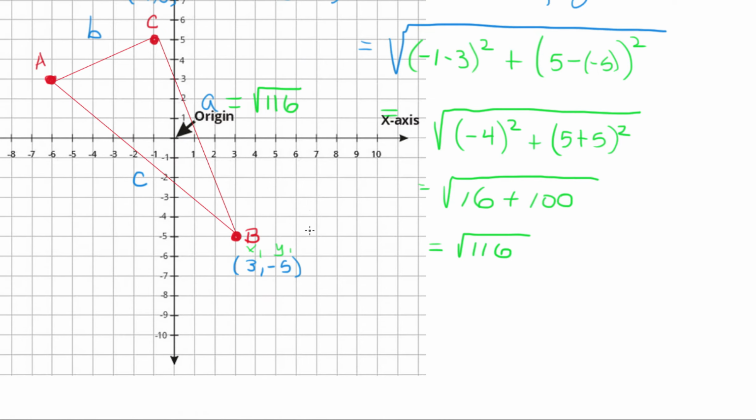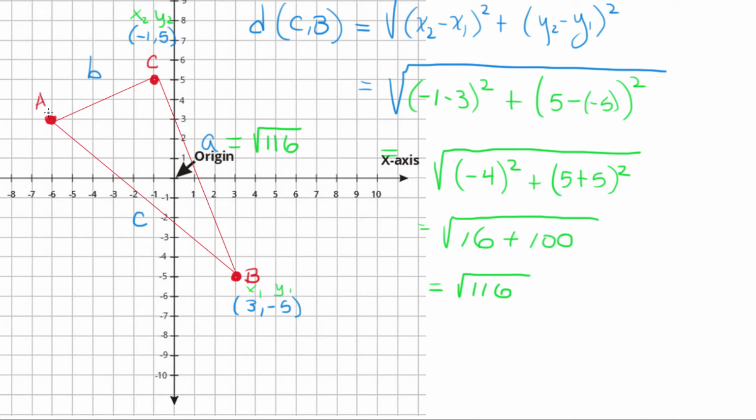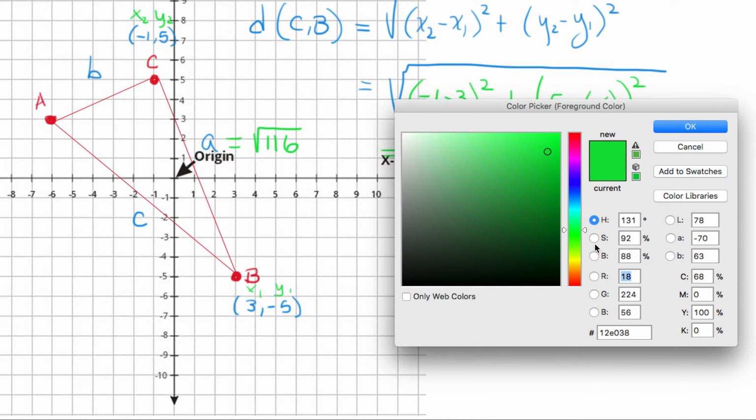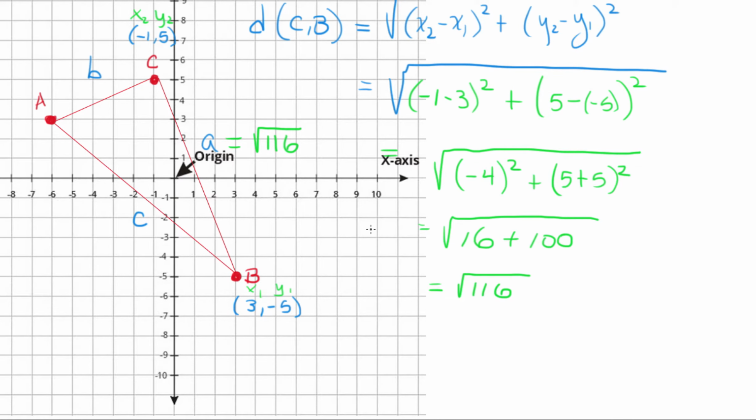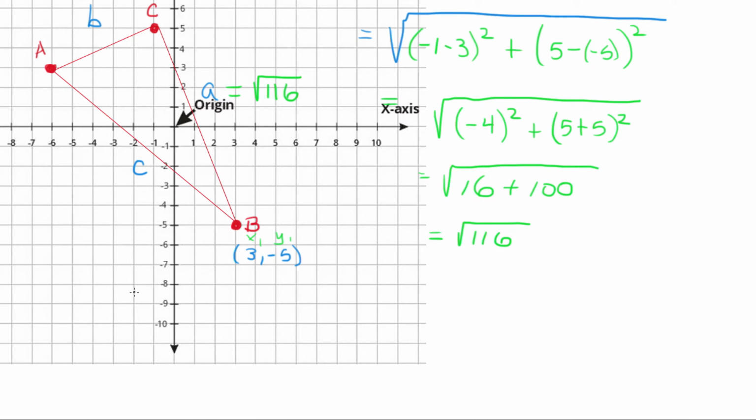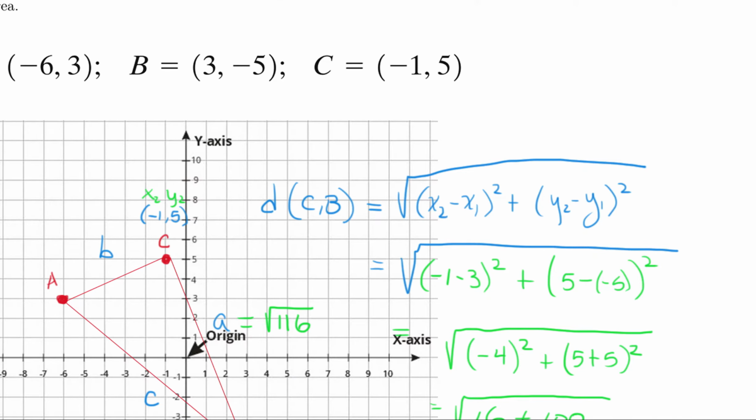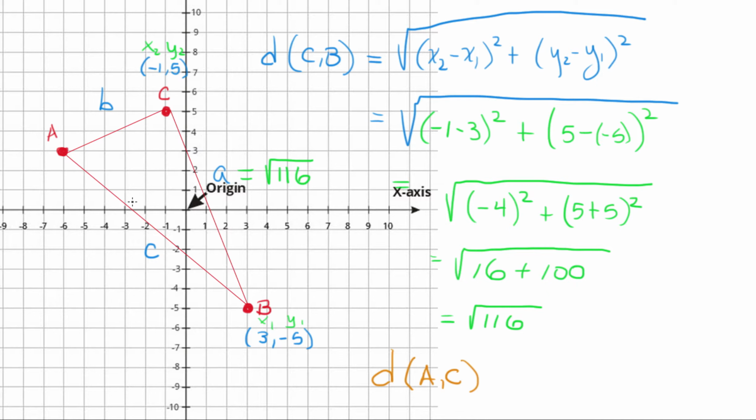Now let's find the distance between A and C, or the distance of lowercase b. So I'm going to choose a different color. The distance of AC, let me write the coordinates for A. It's negative 6, 3.